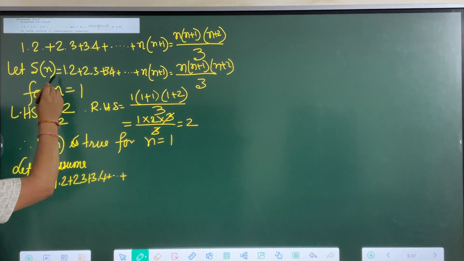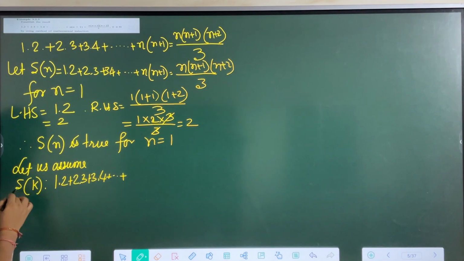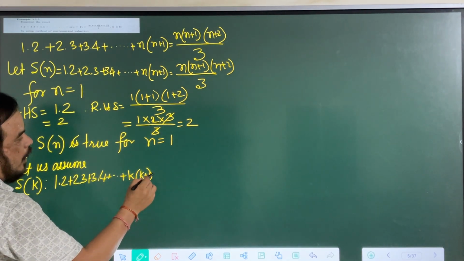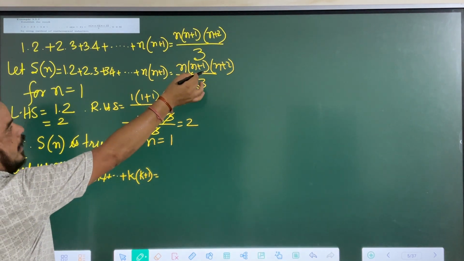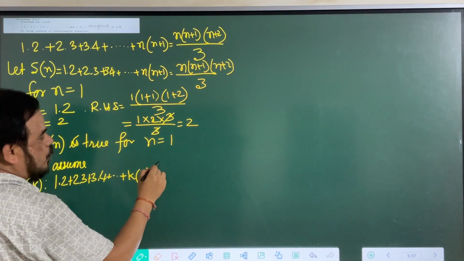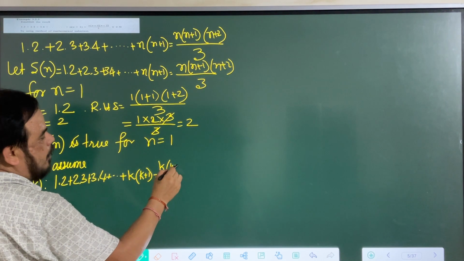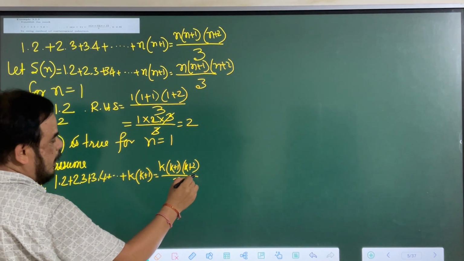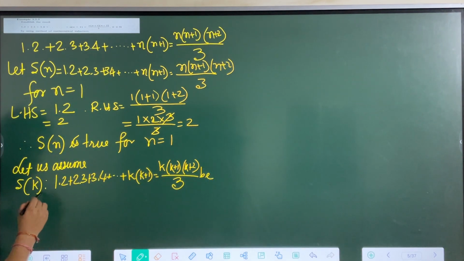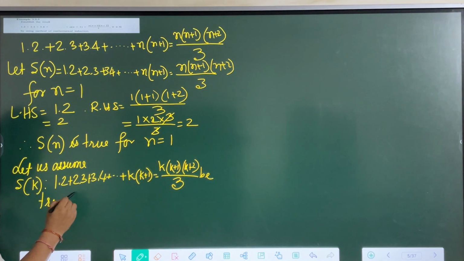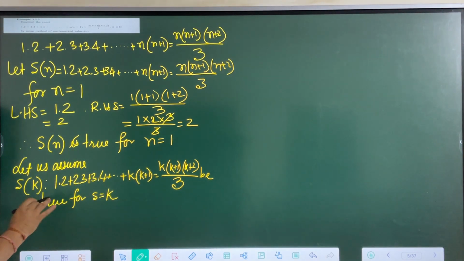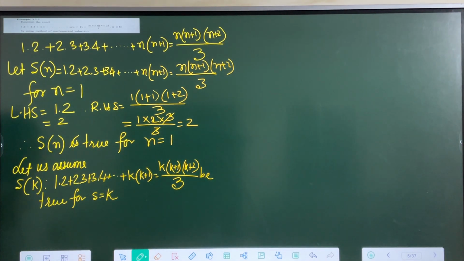If it is Sn, n into n plus 1. If it is Sk, k into k plus 1 equals to n into n plus 1, n plus 2. So k into k plus 1, k plus 2 by 3 be true for n equals to k. This is what we have to write.